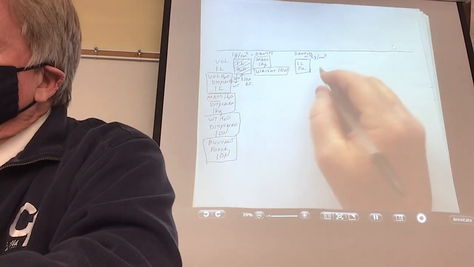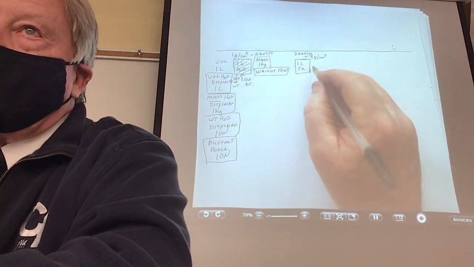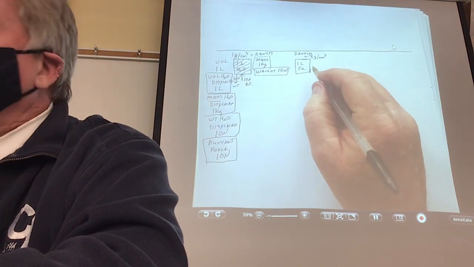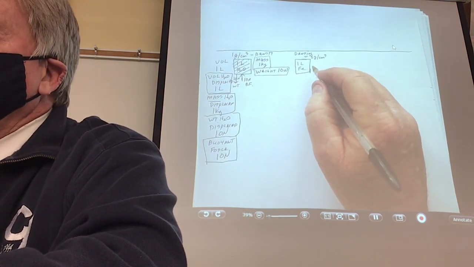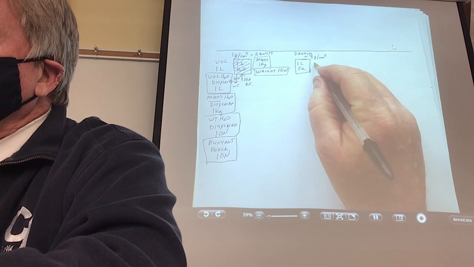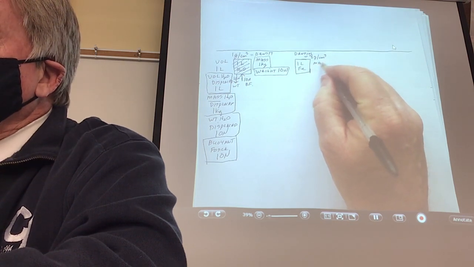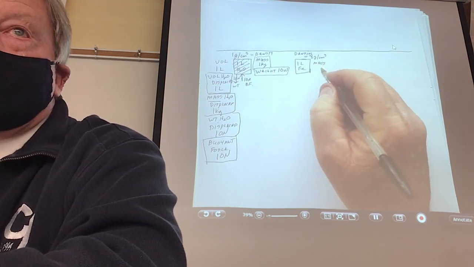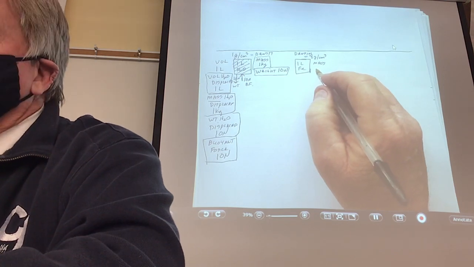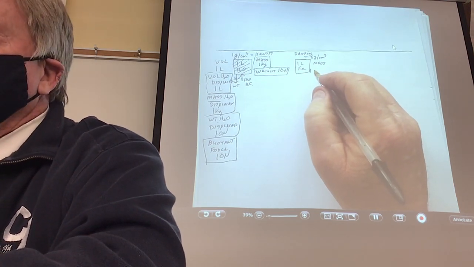Okay, so here we go. What is the mass of this 1 liter block of iron? What is the mass? All right, I need somebody to raise your hand, take a chance. I think I know.